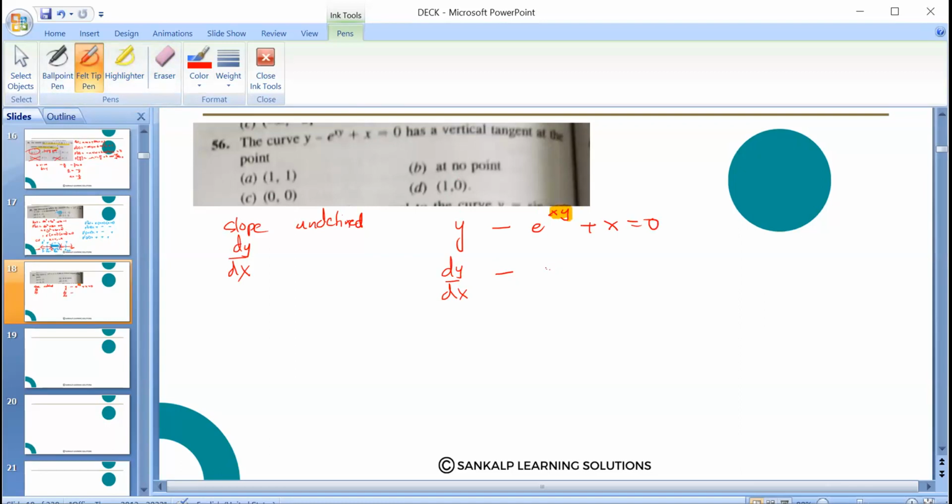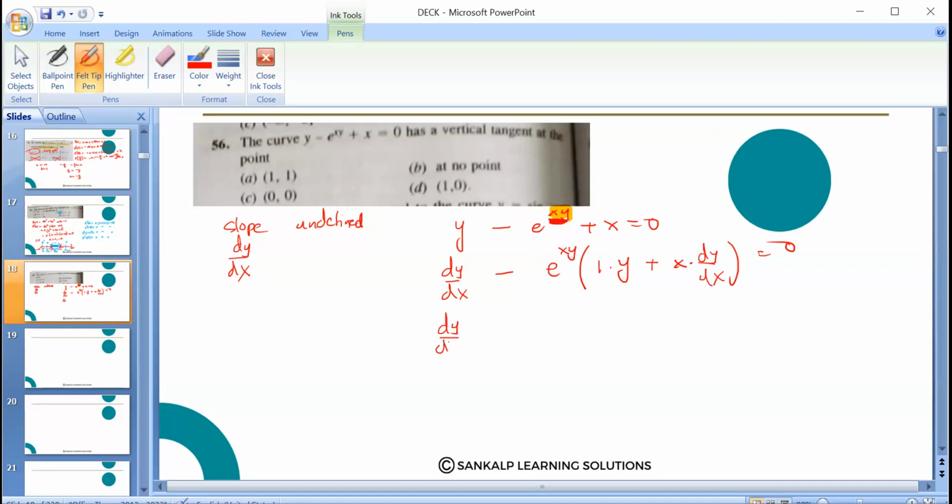So e power x derivative is e power x. But derivative of xy, product rule: x derivative 1 into y plus x into y derivative dy by dx, equal to 0 derivative.